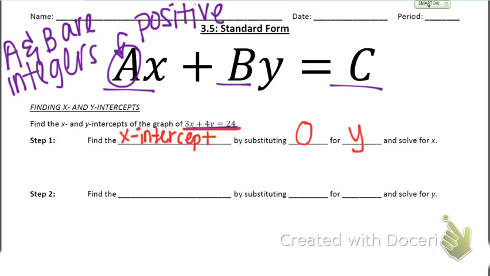So for 3x plus 4y equals 24, I'm going to have 3x plus 4 times 0 equals 24. Guys, what's 4 times 0? 0. So this is just going to be 3x equals 24.